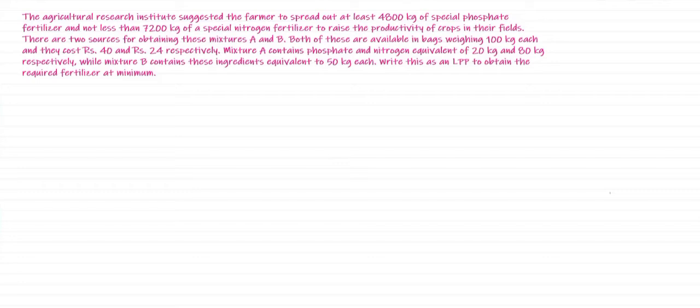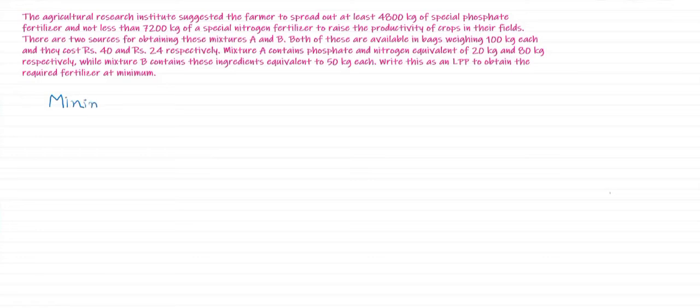Mixture A contains phosphate and nitrogen equivalent of 20 kg and 80 kg respectively, while mixture B contains these ingredients equal to 50 kg each. Write this as a linear programming problem to obtain the required fertilizer at minimum cost.